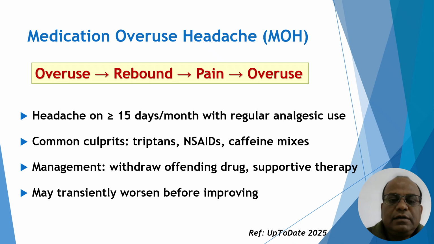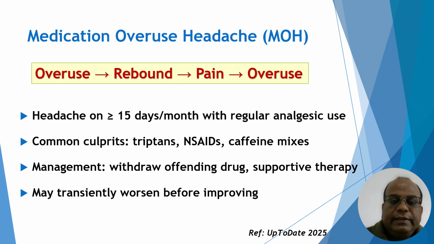To be considered for a diagnosis of medication overuse headache, a patient must have a headache for 15 or more days monthly with an established diagnosis of a primary headache disorder like migraine or tension type headache.